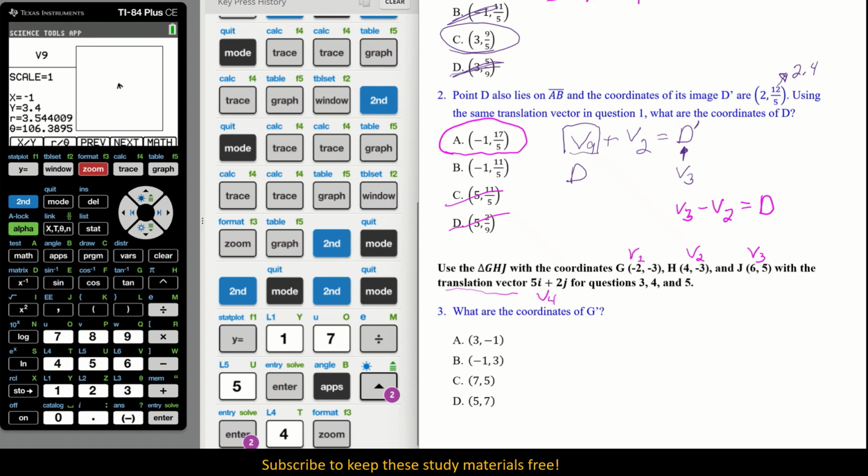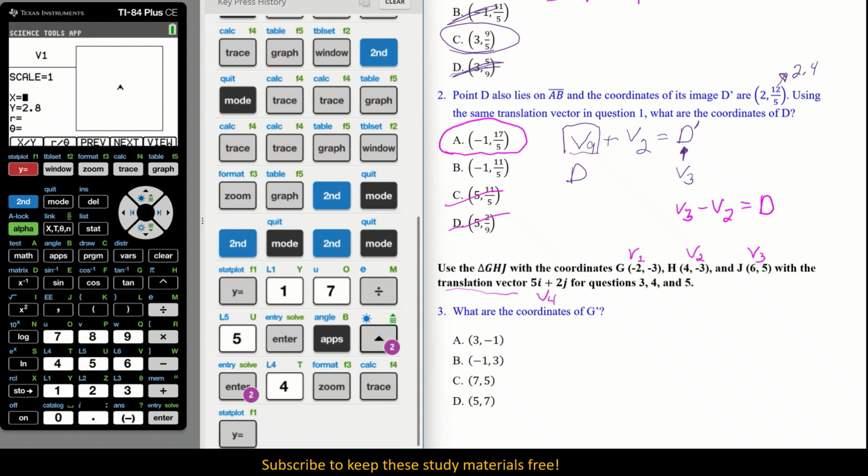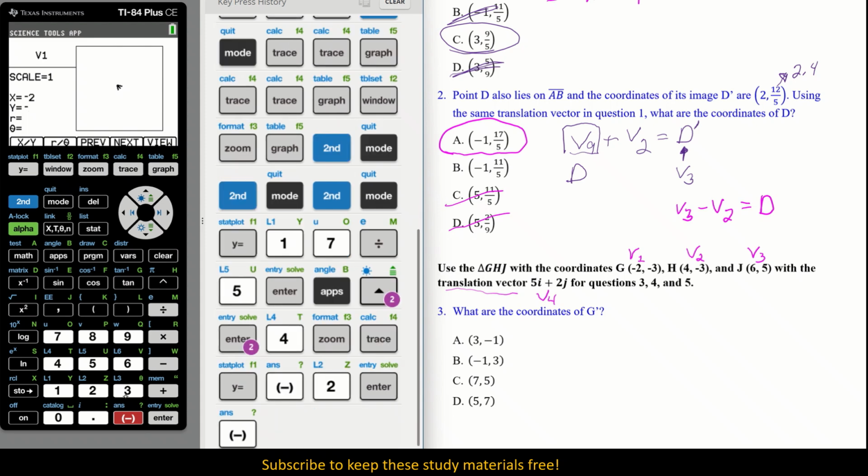And then after I do that, I can perform the translations as needed, knowing that that's my population. All right, go to next. If you were with me, you need to go back to V1, press your Y equals. Now we have -2, enter, -3, enter. Verify that that's what's entered. Press view.